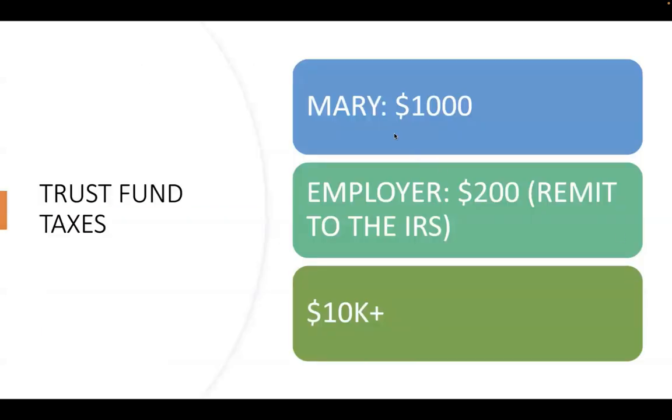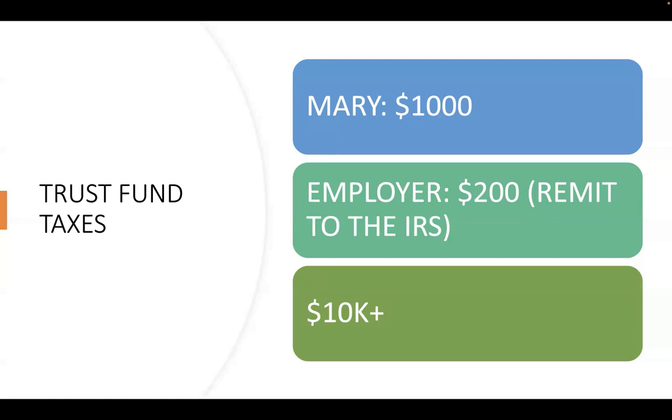So again, trust fund taxes: Mary got paid $1,000. The employer withheld $200. She was supposed to remit that over to the Internal Revenue Service. The person that's responsible for the remittance of trust fund taxes can be penalized.